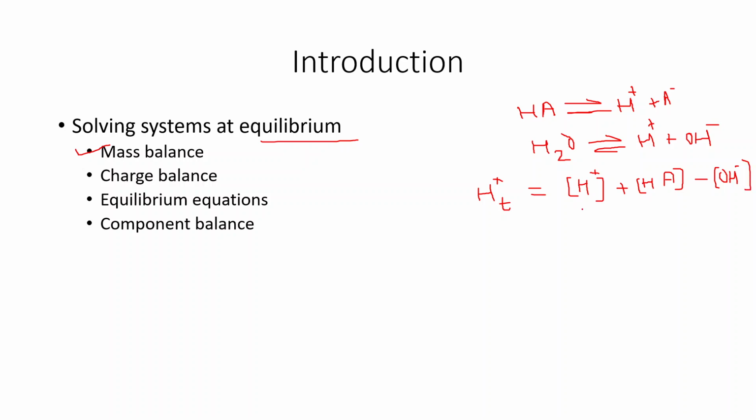So at different pH, there can be changes in H plus, HA or OH negative, but overall this H total will remain the same. So that is mass balance.